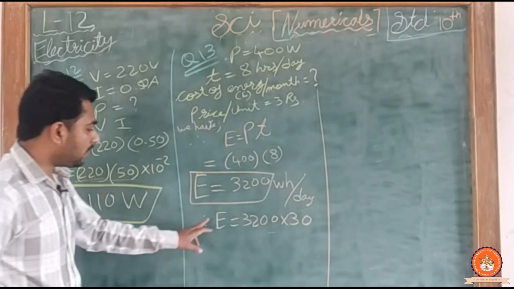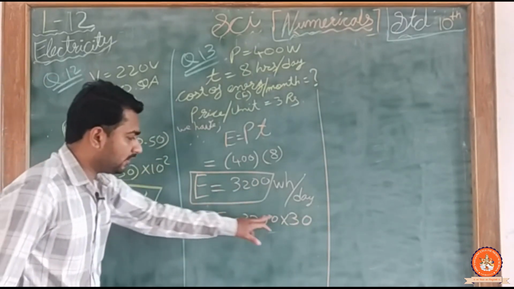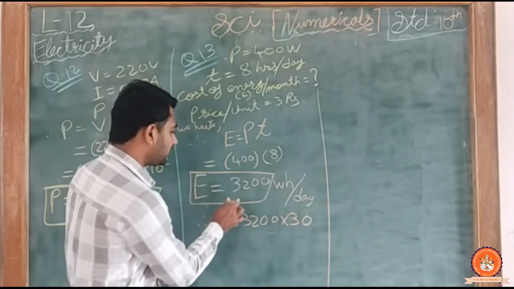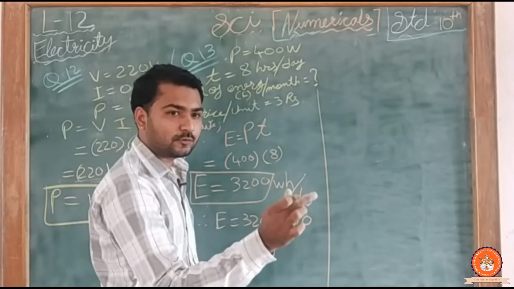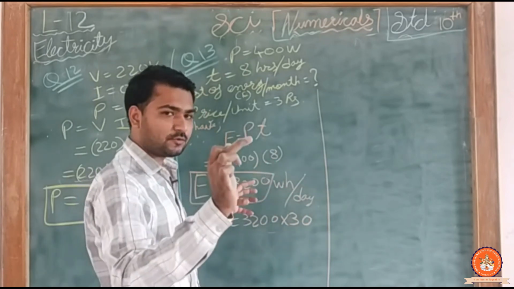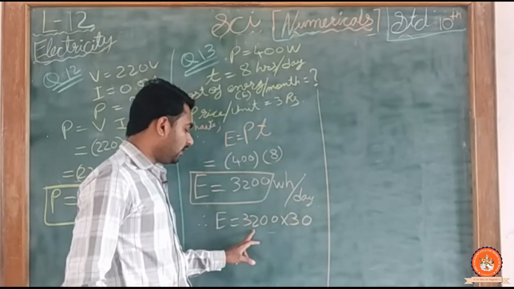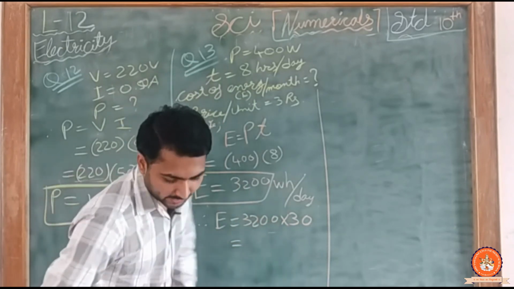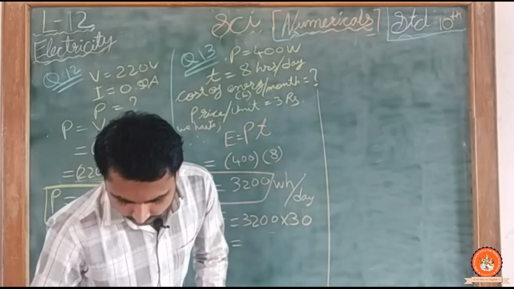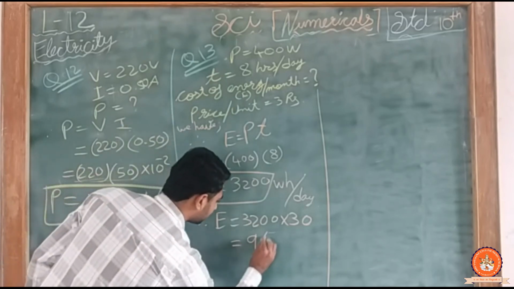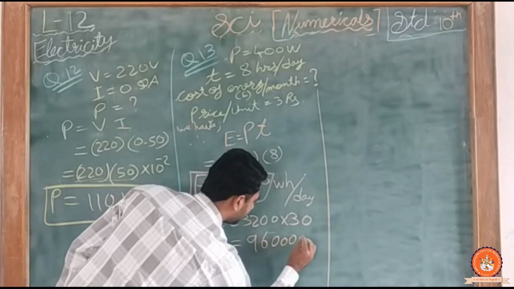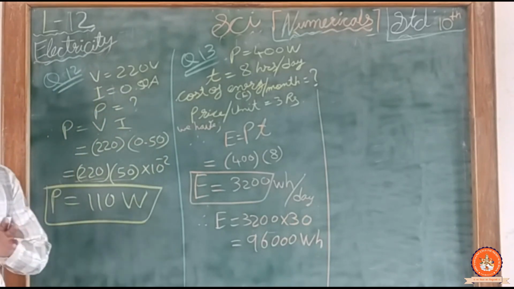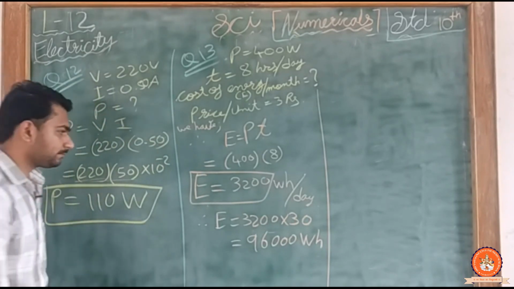Okay, now multiplying this energy with 30 days. एक दिन का एनर्जी 3200 यूज होता है, तो 30 डेज का एनर्जी कितना यूज होगा? तो 3200 मल्टीप्लाई बाय 30 हो जाएगा. सो आई विल गेट माई आंसर, दैट इज 96,000 Wh. ठीक है, आई गेट माई आंसर.